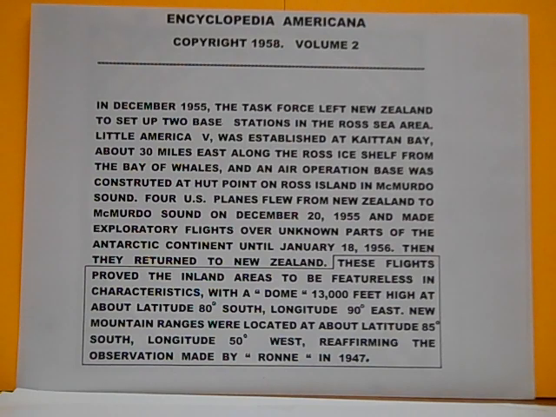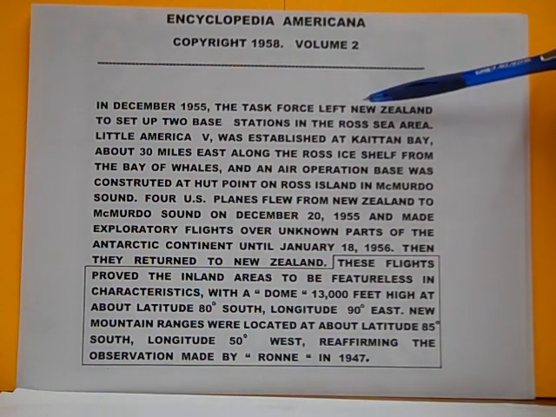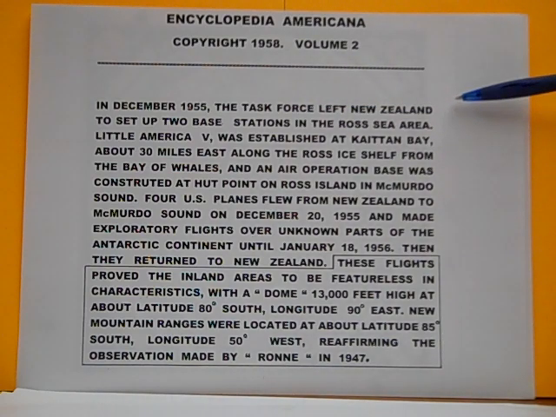Now, read this, please. Encyclopedia Americana, not Britannica, but Americana. Copyright 1958, Volume 2. In December 1955, a task force left New Zealand to set up 2 base stations in the Ross Sea area.